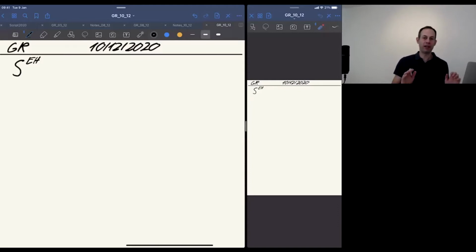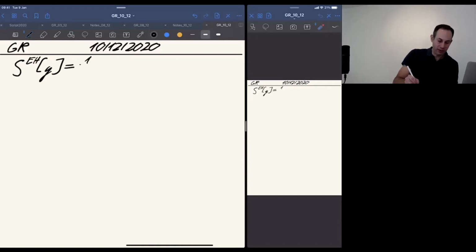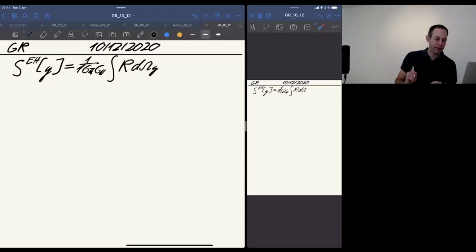I will just drop that to not make the notation too complicated. But the idea is, of course, that an action is usually defined by an integral over space. The fact that I drop the integration region doesn't mean it's not there, it's just implicit. So that's the action. Now, from this action, we were able to get the Einstein equations in vacuum.